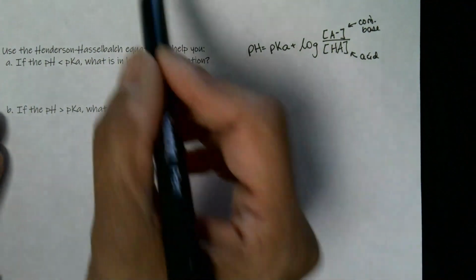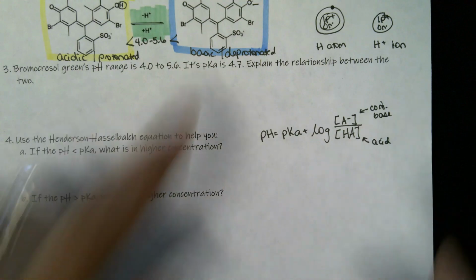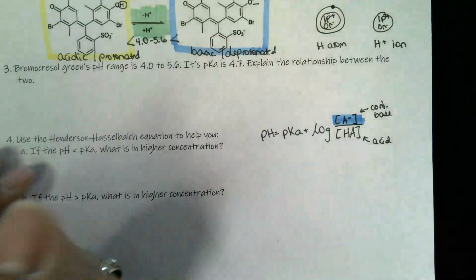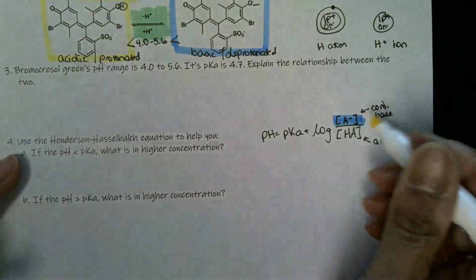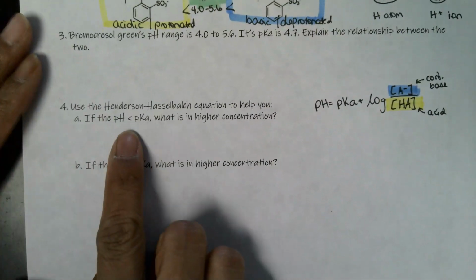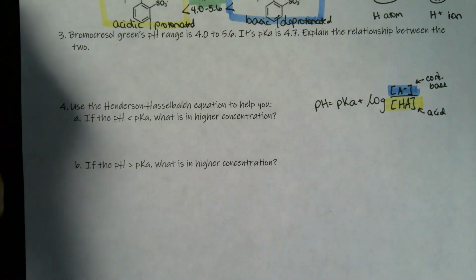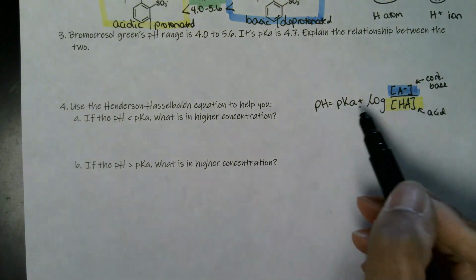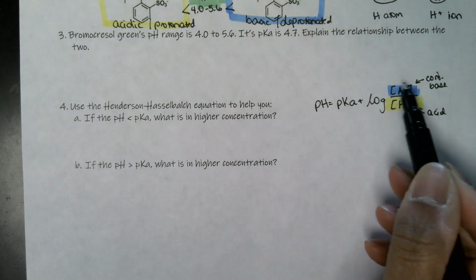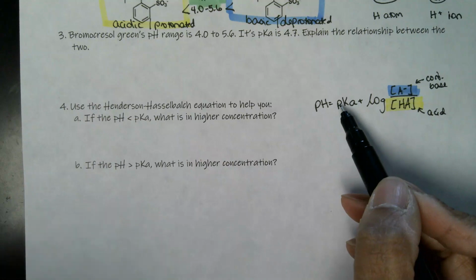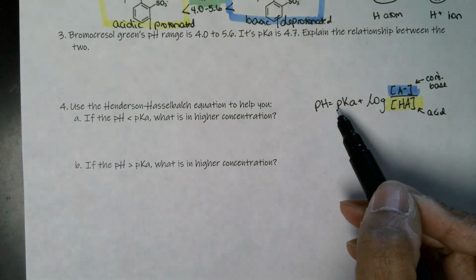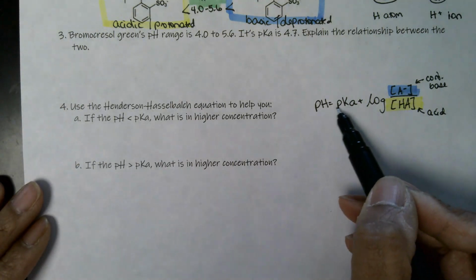All right. So in this example, our conjugate base was blue. Our acid was yellow. So we can take a look here. If the pH is less than the pKa, what is in higher concentration? If I'm trying to figure out the relationship between these, the difference between the two is 1, meaning I subtract pKa minus the pH.